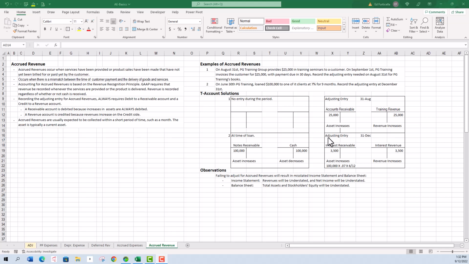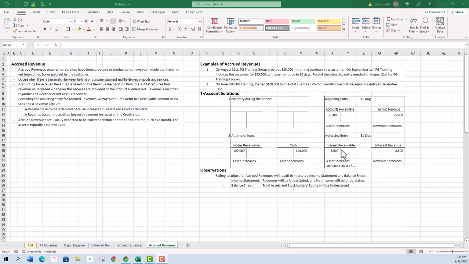Now let's look at the adjusting entry on December 31st. We loaned the money to the customer at June 30th. So they've had our funds from July through December, which represents 6 months. 6 months of interest that they owe us. So what we do in the adjusting entry, we debit interest receivable.